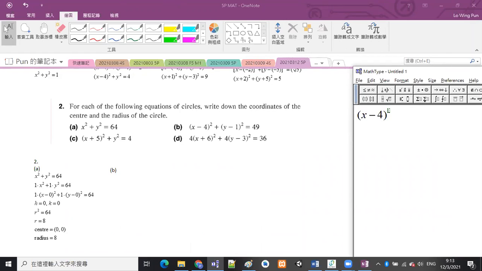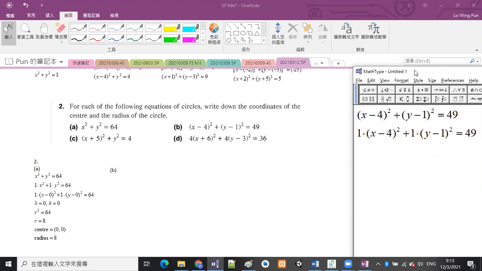So x minus 4 square plus y minus 1 square equals 49. And again, because there is no number multiplying to the bracket, it means it is already 1. And this is also 1 times y minus 1 square. Get it? And inside the bracket, it is already x minus number and y minus number.